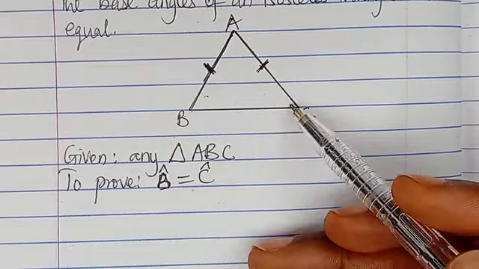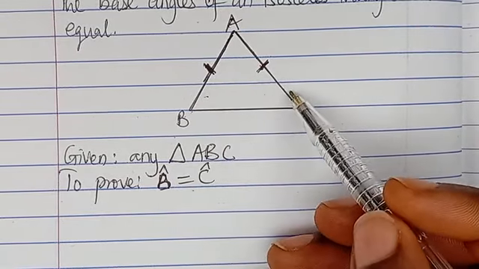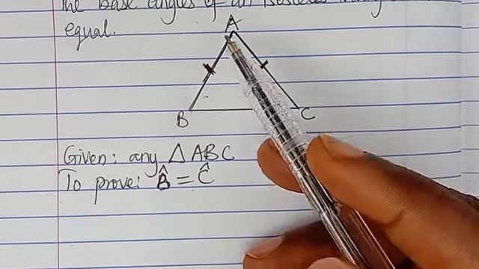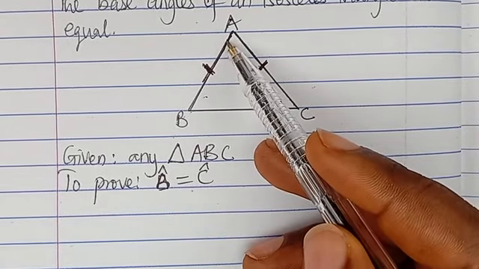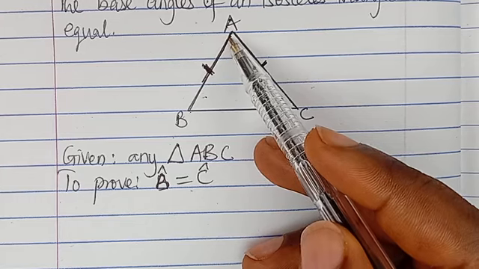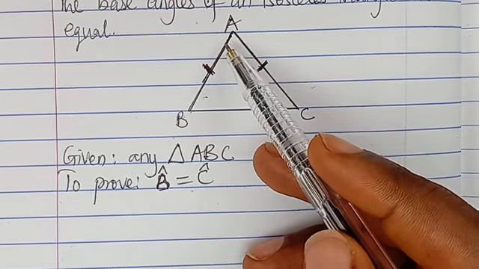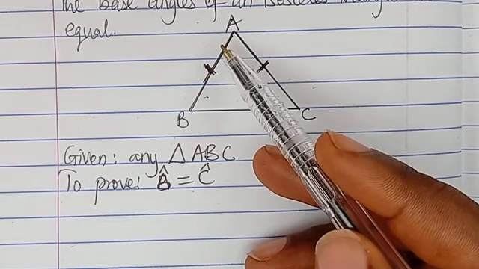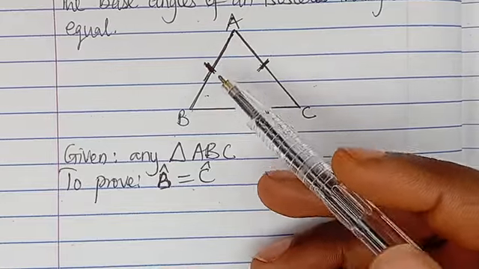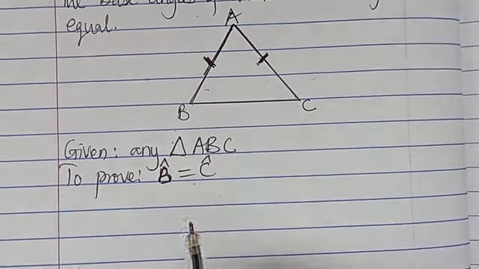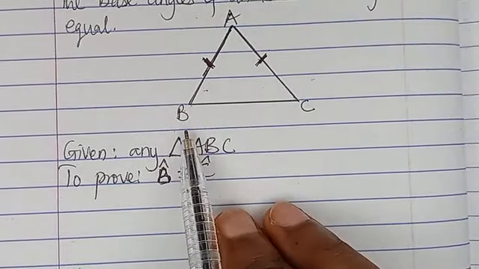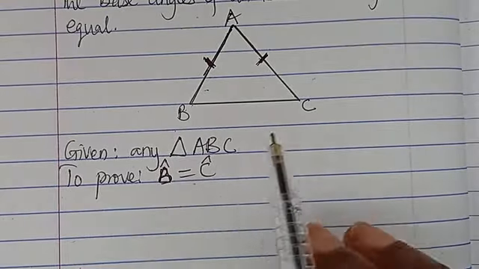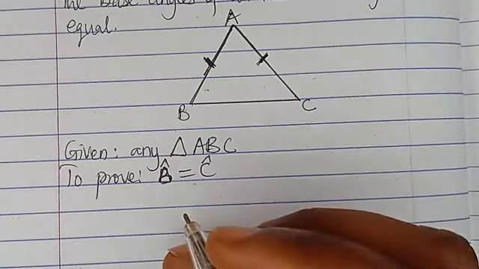So the angles at the base are equal. The angle at the vertex, this other angle, is called the vertex angle or the vertical angle. It is the unequal angle. So we are to prove that these base angles, angle B and angle C, are equal to each other.